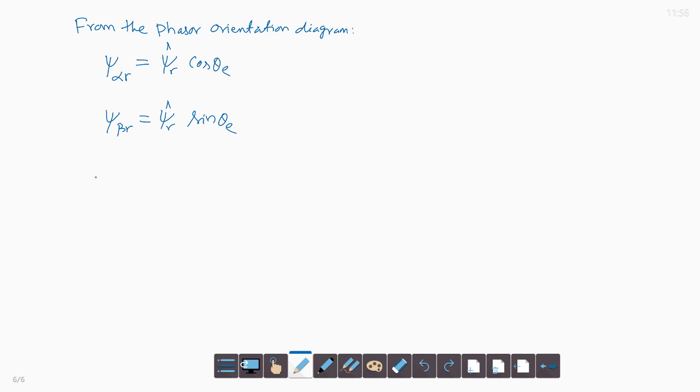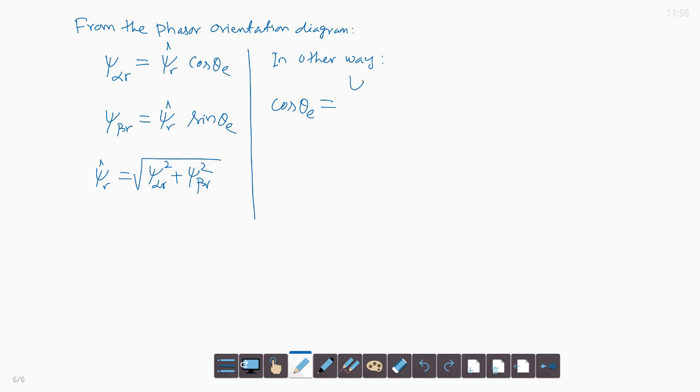This gives psi r hat as the square root of psi alpha r square plus psi beta r square. In other way we can write the unit vector components: cos theta e is psi alpha r by psi r hat, and sin theta e is psi beta r by psi r hat.